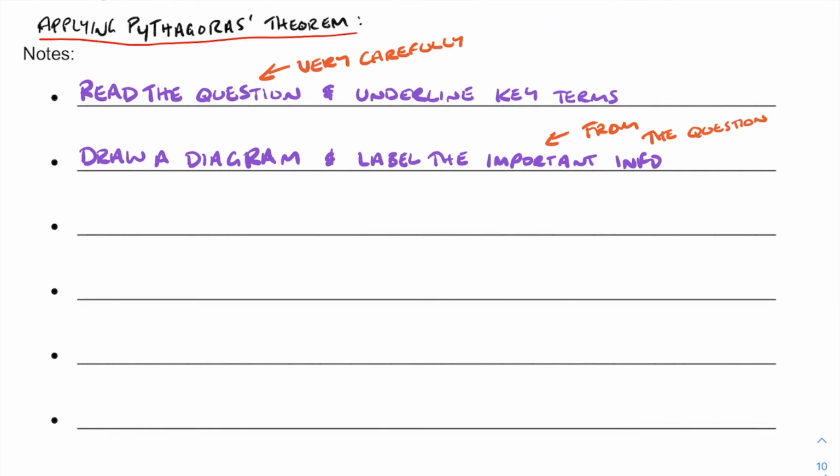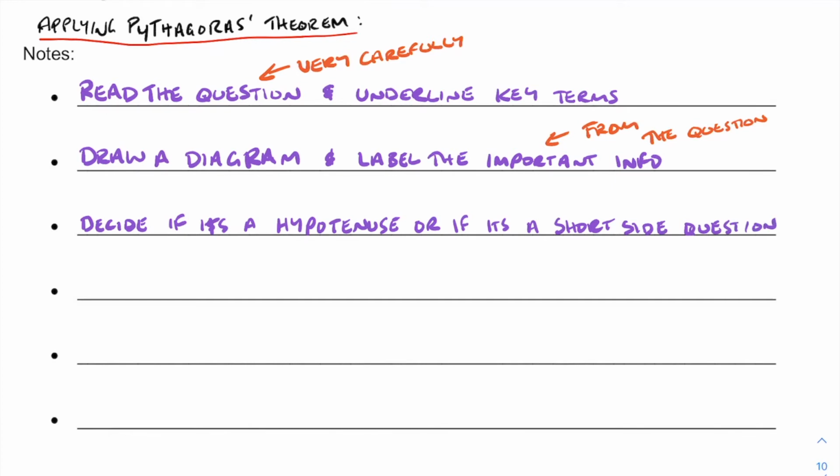Third step is to, in this case, this third step is specifically for Pythagoras' theorem. We need to decide or determine if it's a hypotenuse question or if it's a short side question.